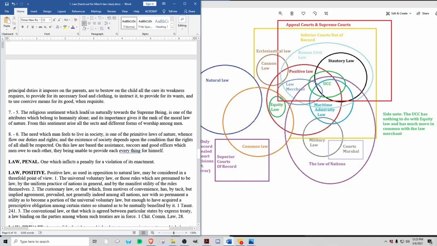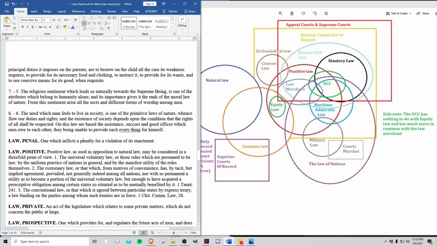Without freedom, you have nothing. So, number 8. The need which man feels to live in society is one of the primitive laws of nature. Trust me, an interesting thing happens when you're completely alone for about 5 months. I was alone completely for about 9 months. Tiny bit of interaction here or there, but pretty much completely alone. Interesting things start to happen.